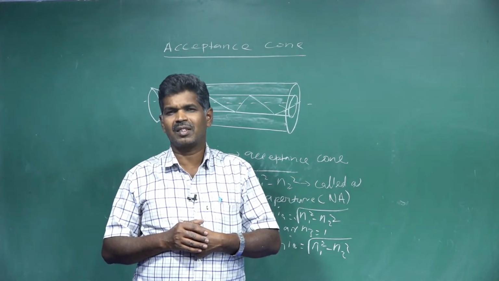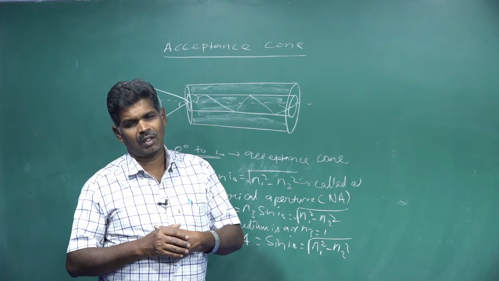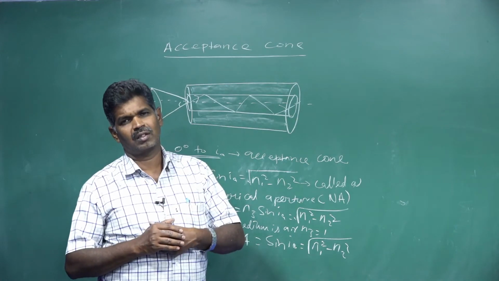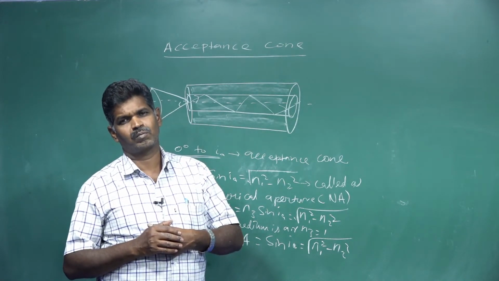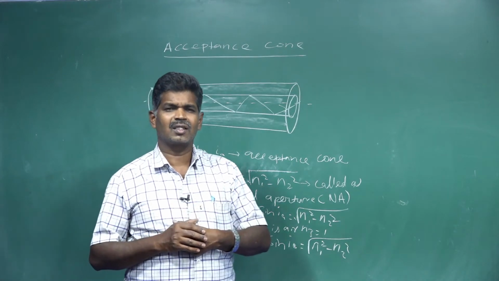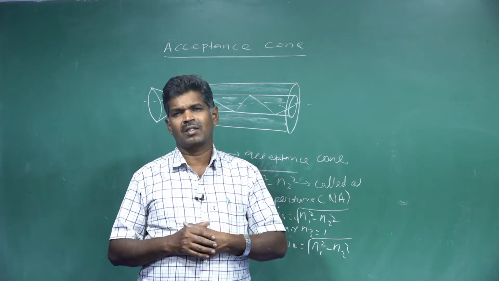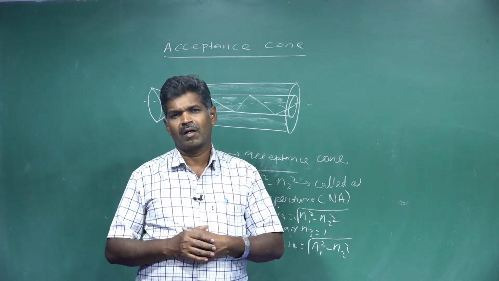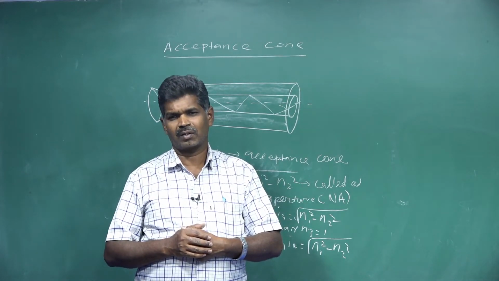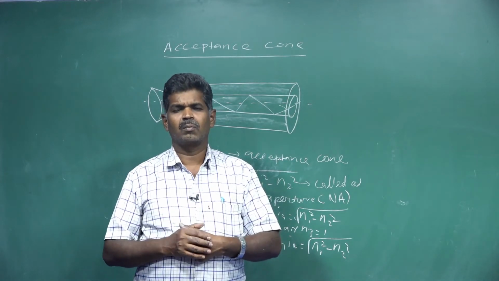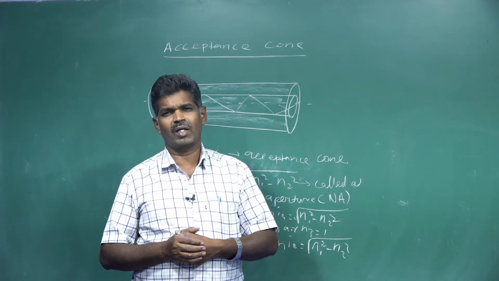The maximum intensity can be received at the receiving end, and it is the most important communication medium nowadays. It replaces electrical cables in many places. Not only that, for networks also we are using optical fiber cables because of more advantages compared to electrical cables.